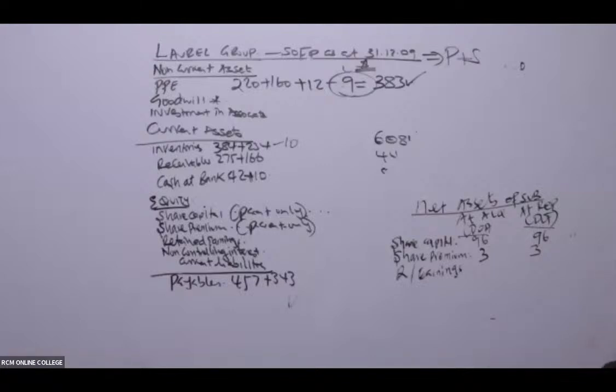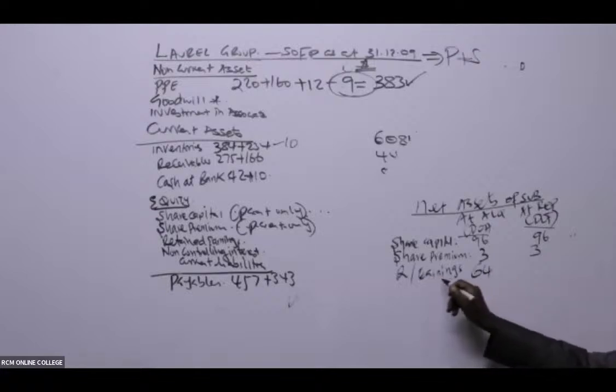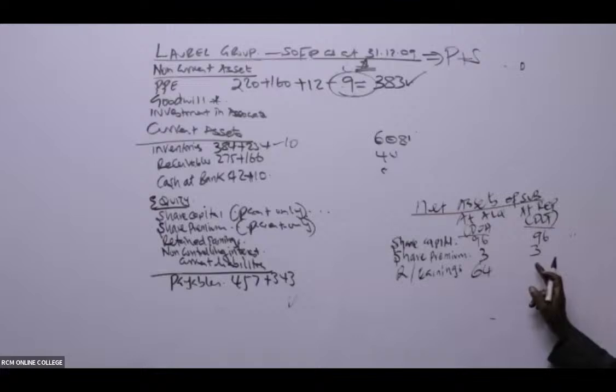Are you able to remember the figure? It was 64 for the subsidiary. And then how about at reporting? At reporting, we have 120. You guys are giving me very correct answers.